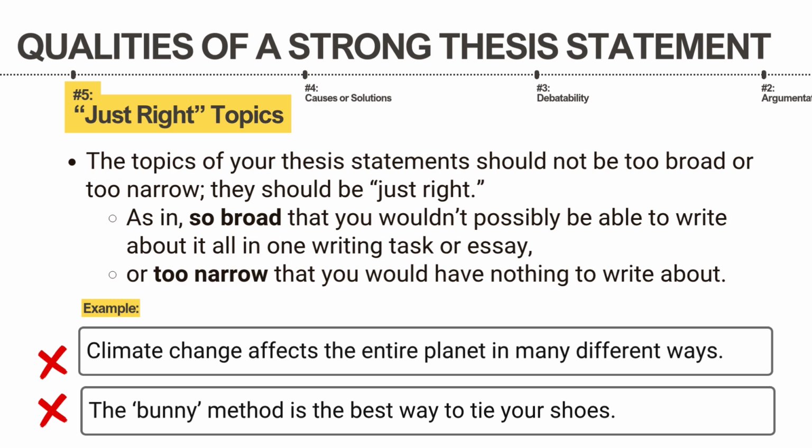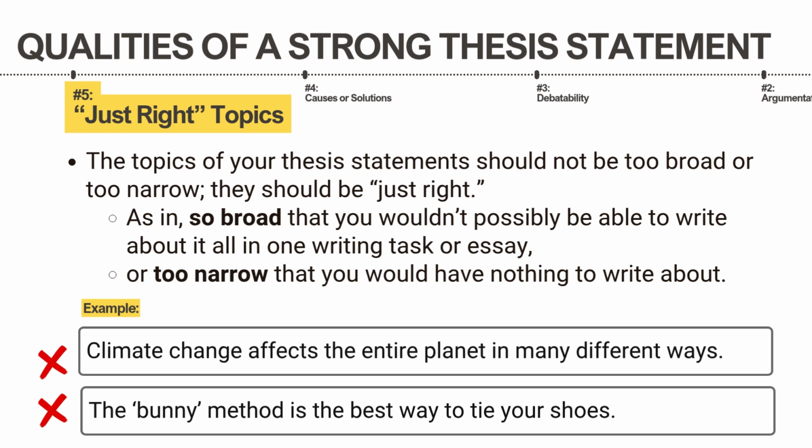So, for example, climate change affects the entire planet in many different ways. This is so broad, so huge. You could write 100 pages on this and you still wouldn't cover everything, right? It's not narrowed down enough to something specific, right? Because we could look at all the different places in the world that are currently being affected by climate change, right? And what those effects are, right?